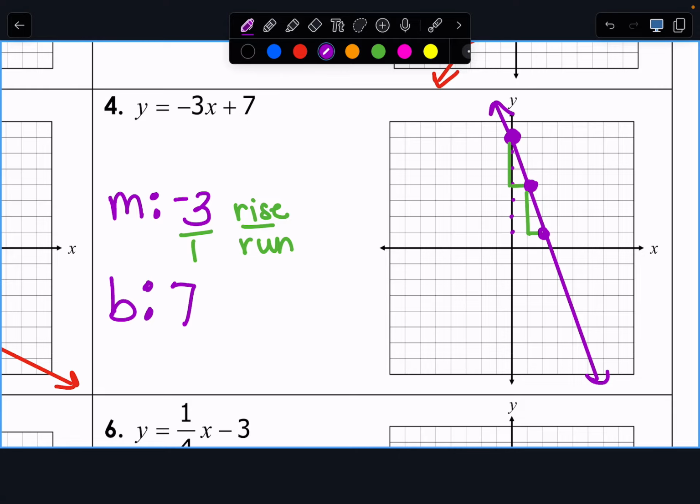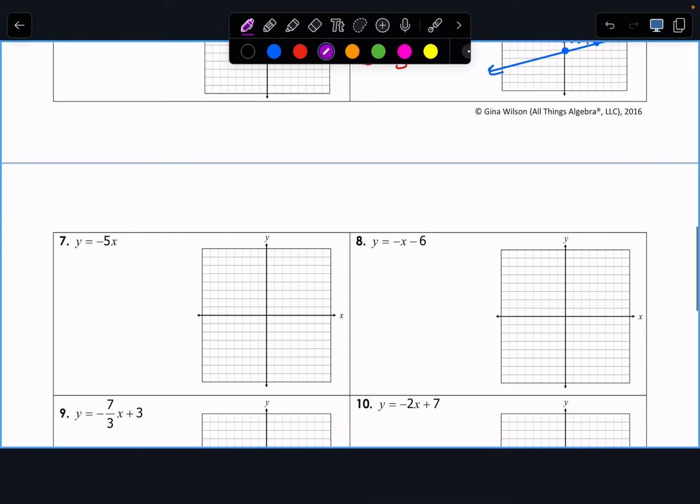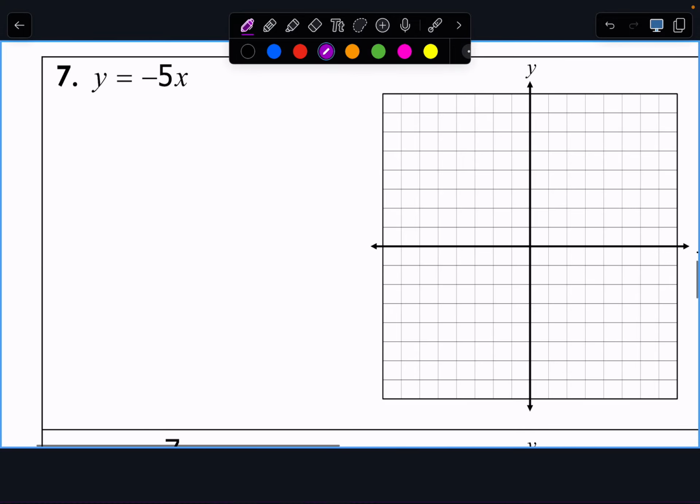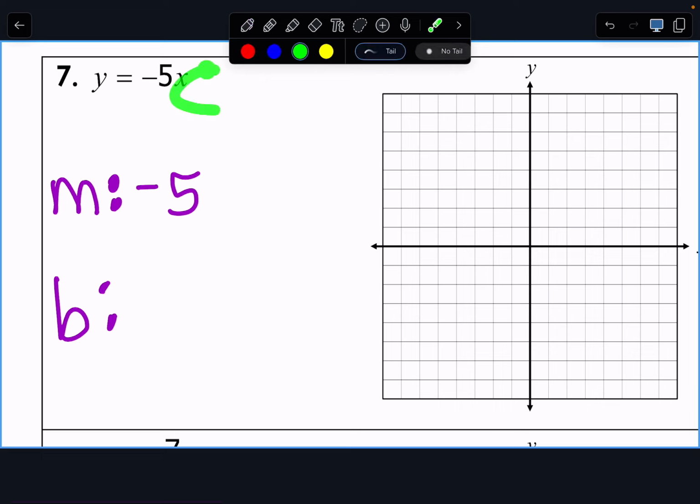The second weird situation that we could encounter is at the top of the next page, number 7. What's our slope? Our slope is negative 5 because that's the coefficient of x. What's our y-intercept? There's nothing right here, right?